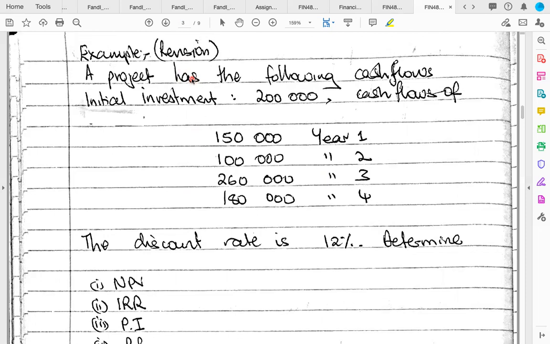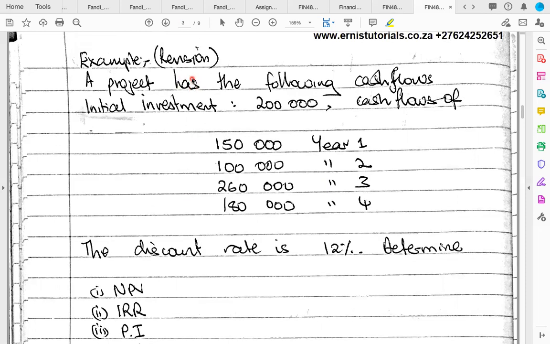just a discussion. So the example reads, a project has the following cash flows. There's an initial investment of 200,000. The cash flows from the project are as follows. You get 150,000 Rand in year 1, 100,000 Rand in year 2, 260,000 Rand in year 3, 180,000 Rand in year 4.